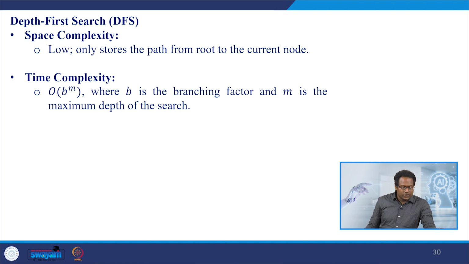The space complexity is low here, because it stores only the path from the root to the current node instead of storing so many states. And the time complexity is O of B power m, where B is the branching factor and m is the maximum depth of the search.